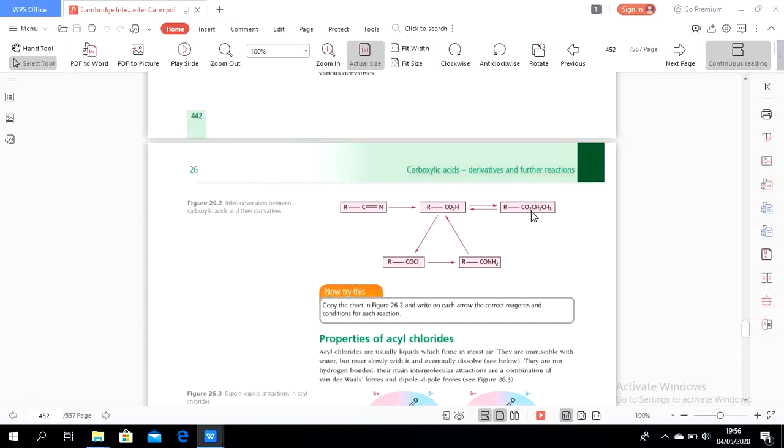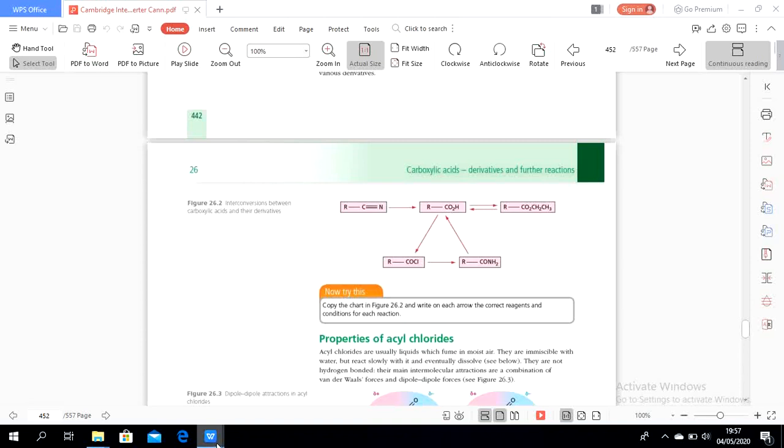Ester undergoes hydrolysis to become carboxylic acid, and then acyl chloride can also react to form an amide. CONH2 is called an amide, and then amide can be converted into carboxylic acid.